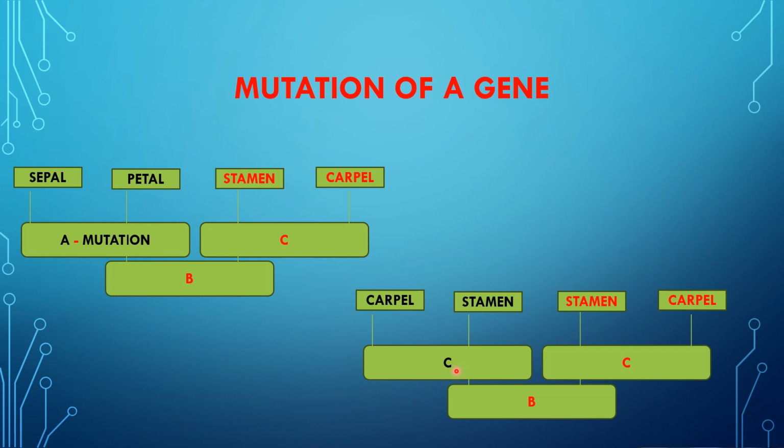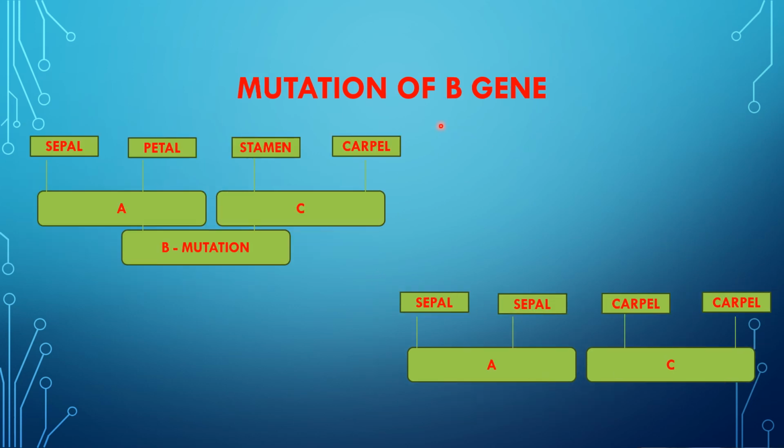And when gene C and B interact with each other, they give rise to stamen, and once again stamen. And gene C alone gives rise to carpel. And this is the result when there is a mutation with regard to gene A.